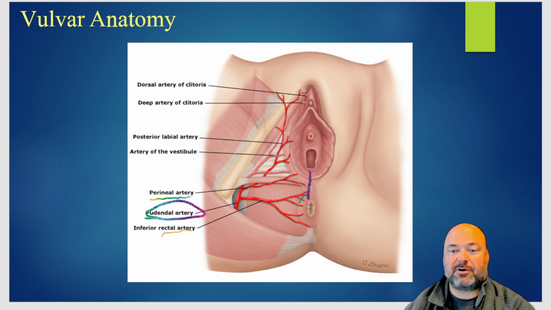Vessels, for the most part, don't tend to cross the midline. There's obviously collateral flow, but most of the time we're going to be looking for significant bleeding coming from an individual branch on each side.